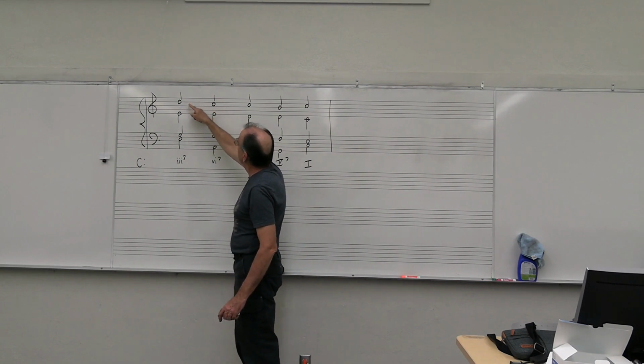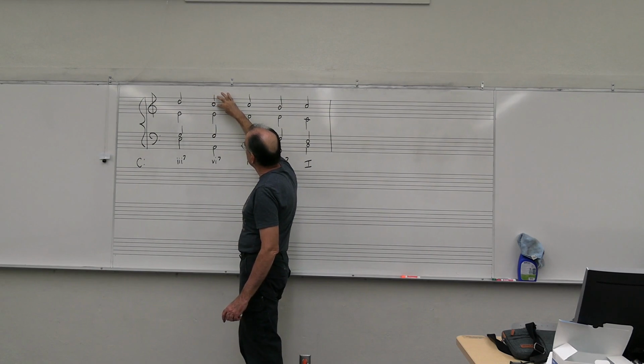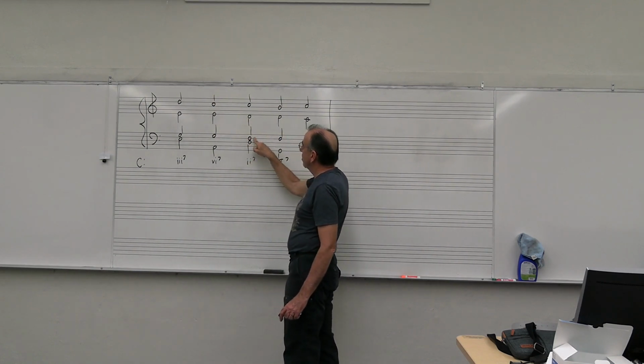So the seventh of this E minor seventh is D. It resolves down to the third of the next chord, C. The seventh of this A minor seventh is G. It resolves down by step to the third of this chord, D.